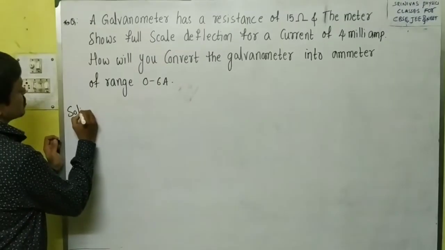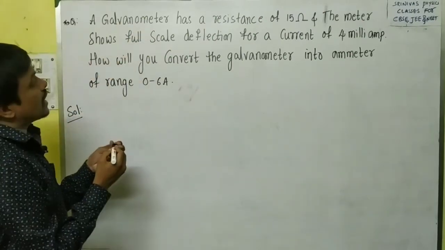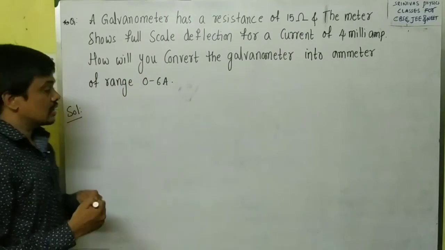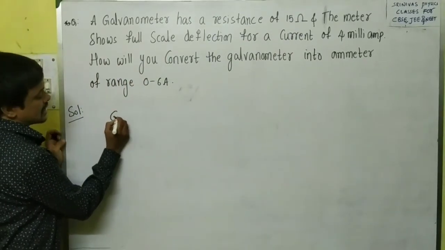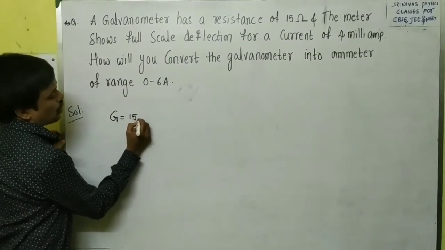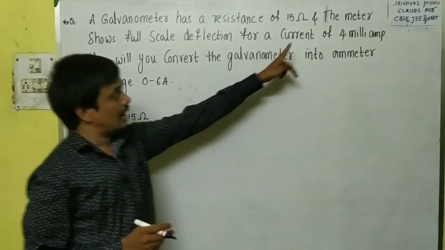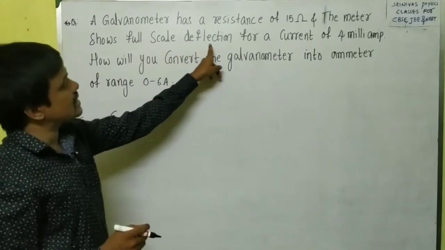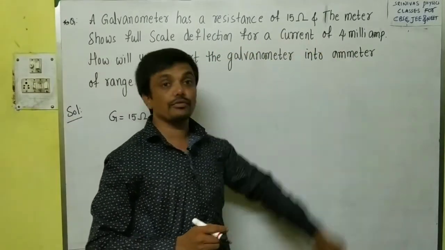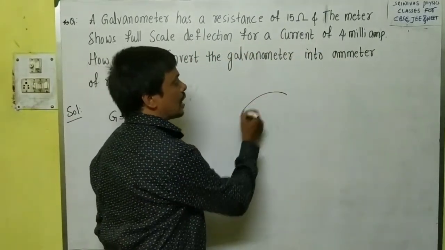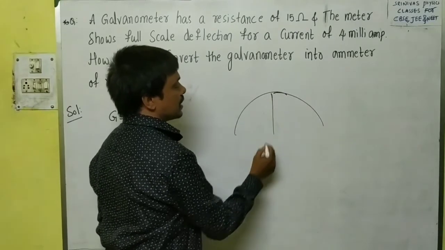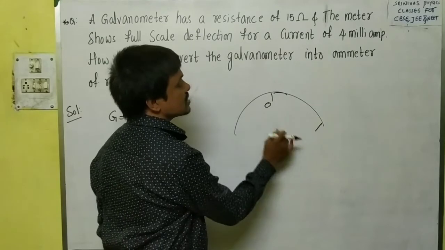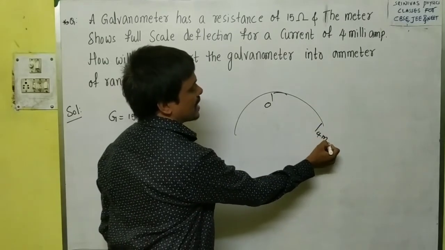This is the question. A galvanometer has a resistance of 15 ohm. The meter, the galvanometer, shows the full scale deflection for a current of 4 milliampere. This is the 0 reading, and here it shows the full scale deflection, that is only 4 milliampere.